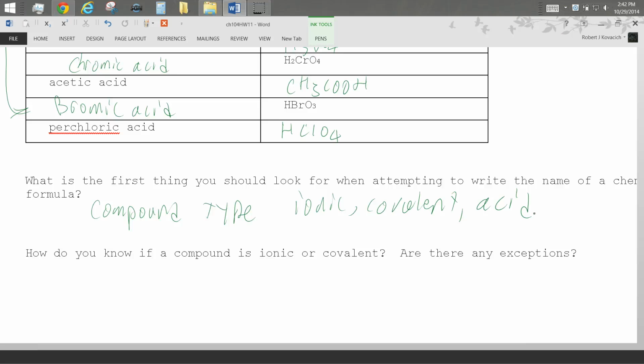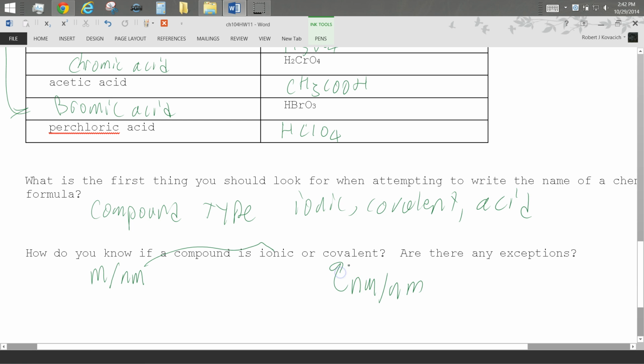How do you know if a compound is ionic or covalent? Are there any exceptions? That's non-metal or metal. Okay, so if I've got a metal and a non-metal, that's going to be ionic. And if I've got all non-metals, then that's going to be covalent. And the exception is this could be NH4+.